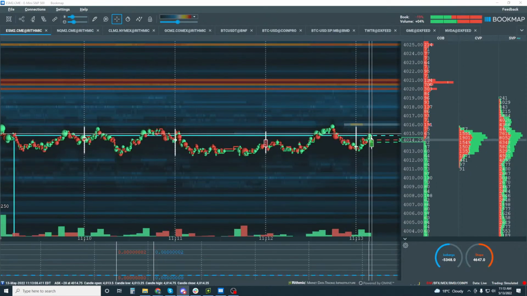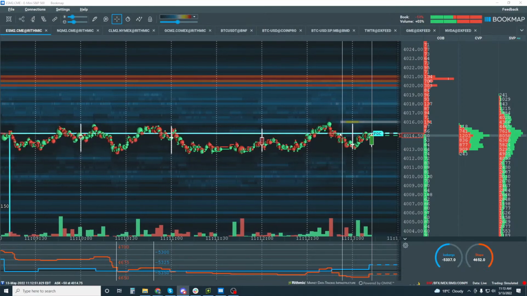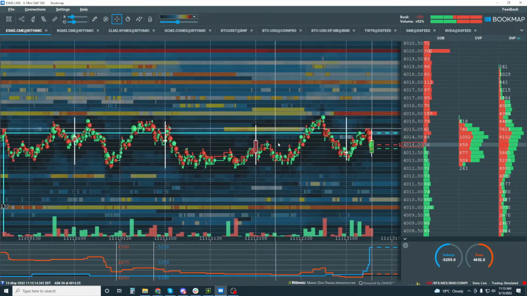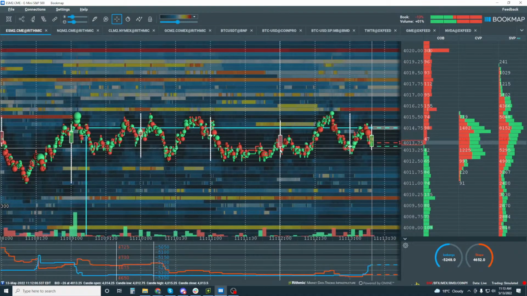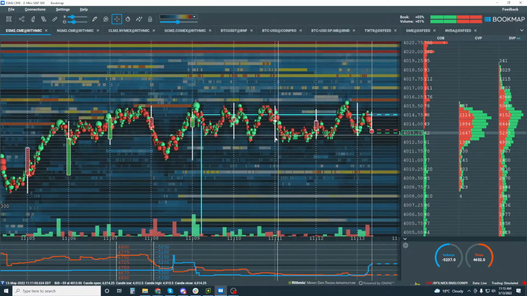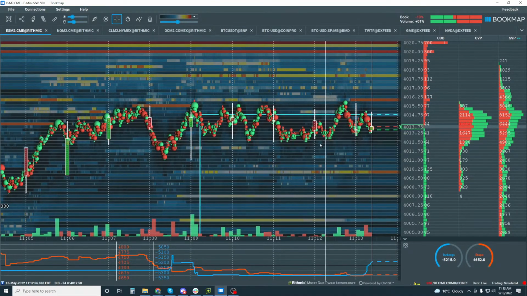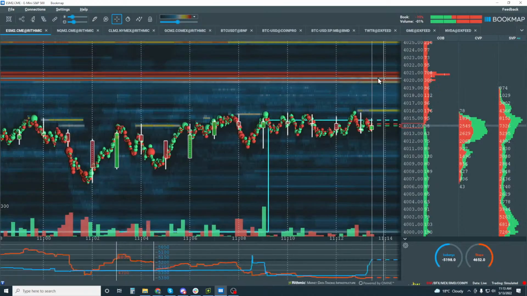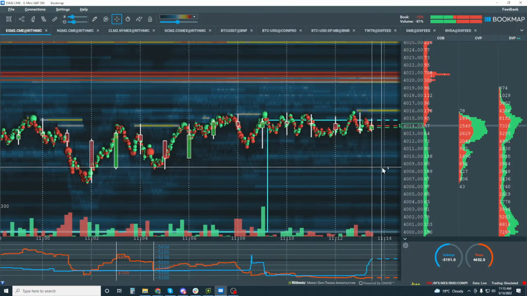And this is just turning into a big battle here. And we're getting close to the European close, so that makes sense that we're going to have this kind of battle back and forth here. It's not going to be easy trading here, I don't think. Still, bigger picture, I'm still looking for our 21 level up here.